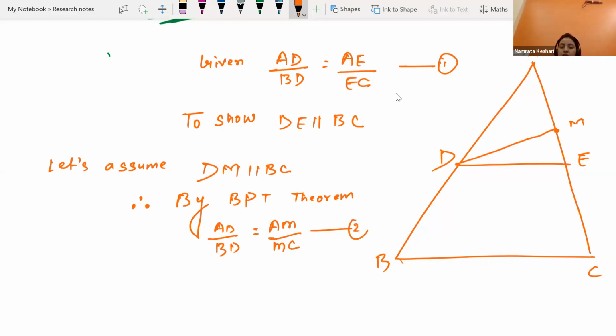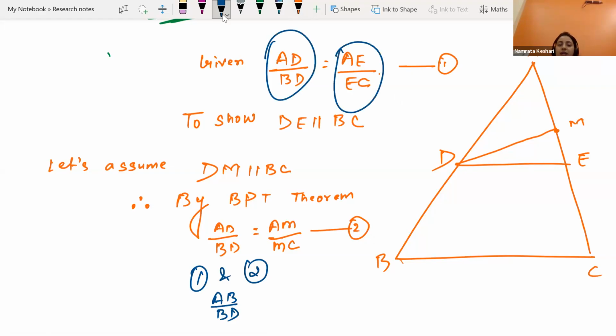Okay, equation 2. Now we did the comparison between the given part and our assumption part. From 1 and 2, we are getting AD by BD is equal to AE by EC, and here the same AD by BD is equal to AM by MC.